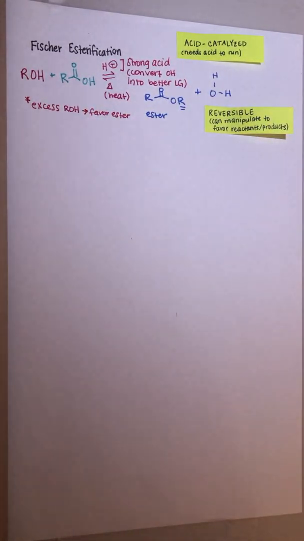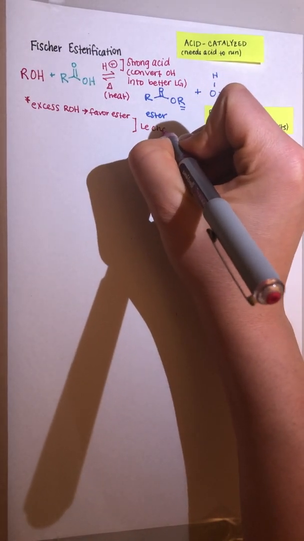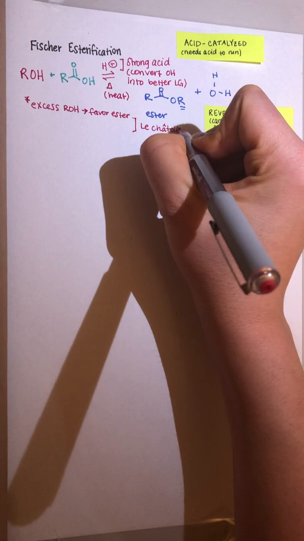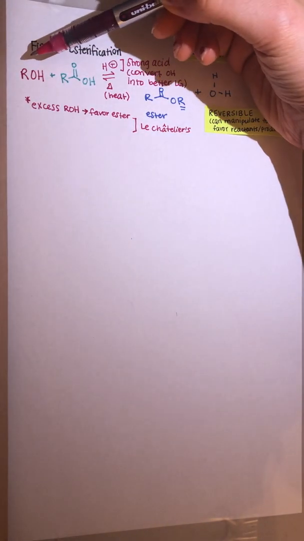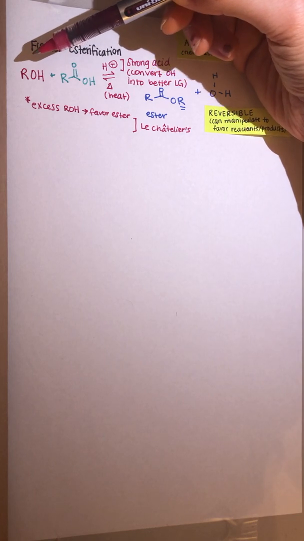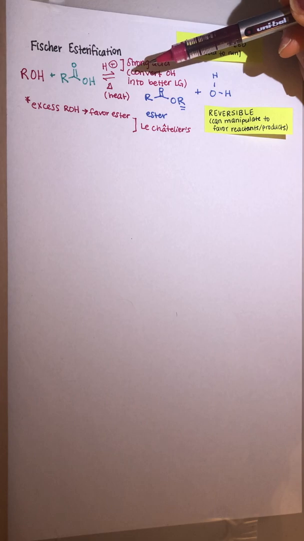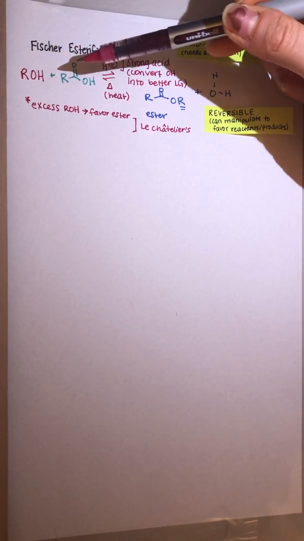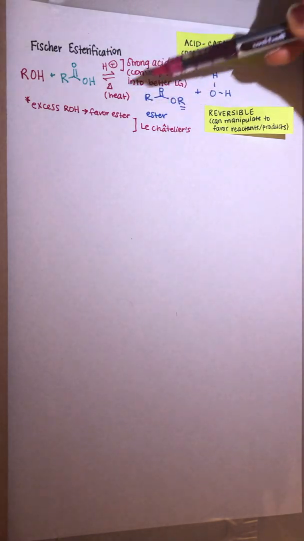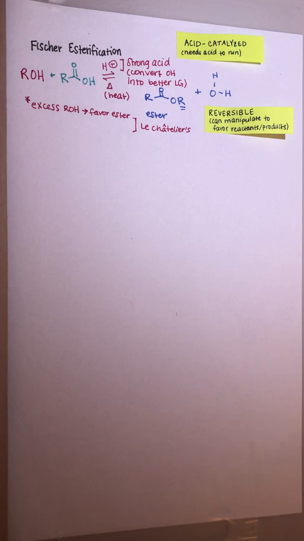Now, if you're confused on how I got to that conclusion, just think of Le Chatelier's principle from Gen Chem, right? So what this means is, if you have a lot of ROH, a lot of the alcohol right here, you're going to basically push the reaction forward, right? So it can relieve the stress on the left side of the equation, and you're going to favor the ester formation.